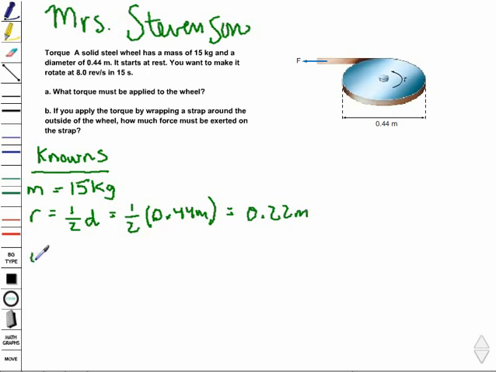Our initial angular velocity, or omega i, is 0.0 radians per second.